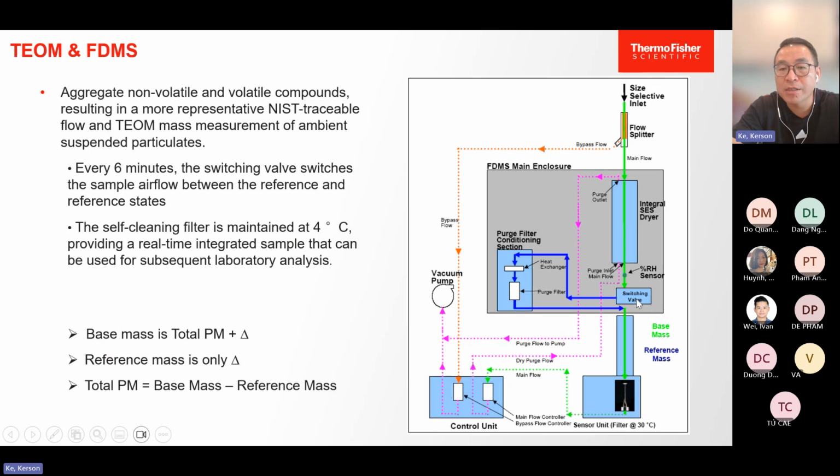For the base mass, it's the baseline condition, so the sample goes all the way to the TEOM.